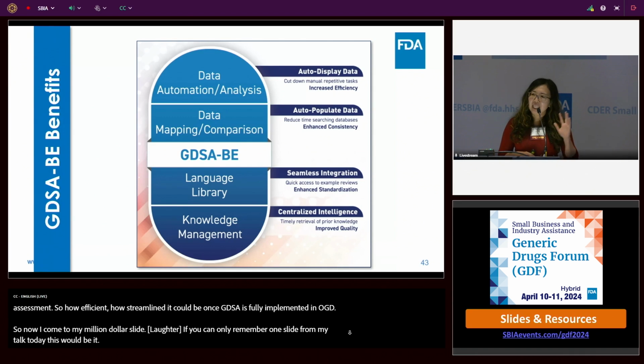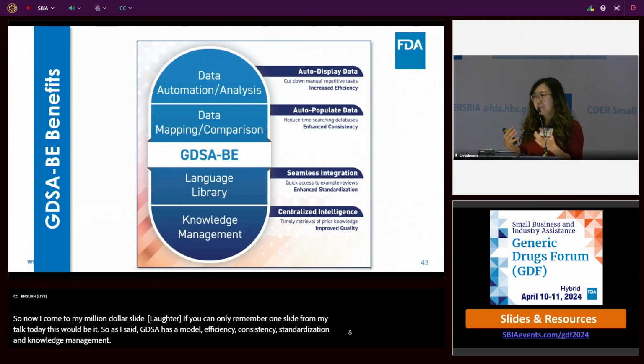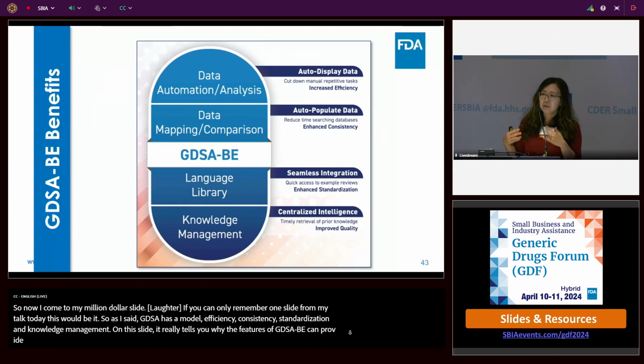As I said, GDSA has a model of 4 words: efficiency, consistency, standardization, and knowledge management. This slide tells you why the features of GDSA-BE can provide the generic drug program all of these benefits. First, data automation analysis.